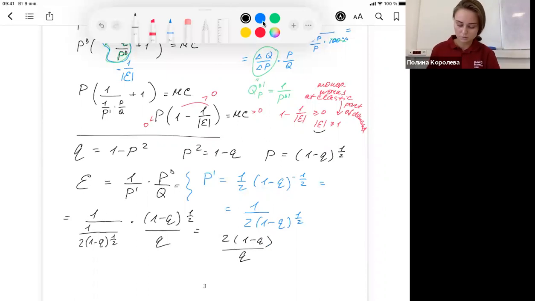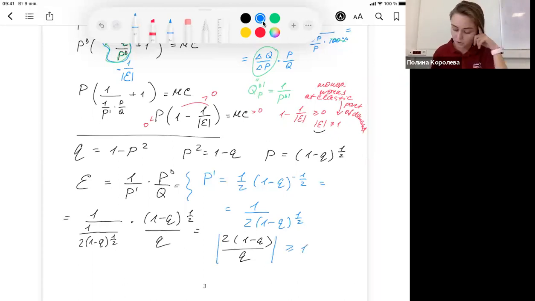And we know that this elasticity of the demand by modulus should be greater or equal than 1.